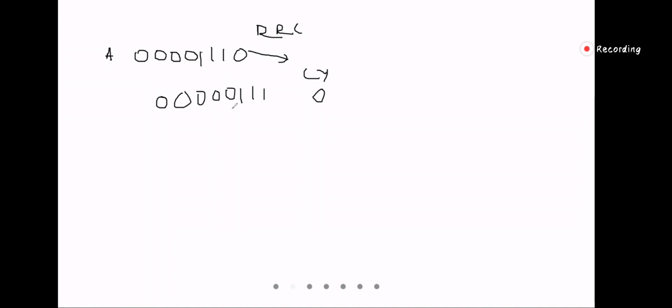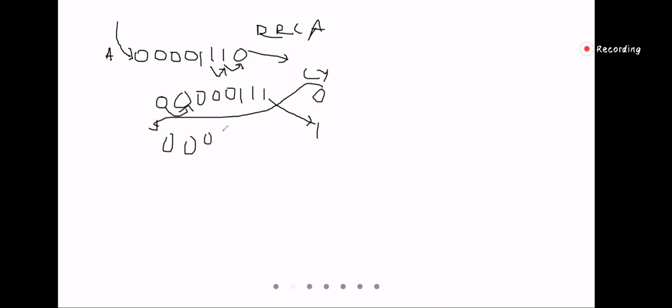Right rotate means this has come to this position, this will come to this position, and a 0 will come here. After RRC A, this one will come here, this one will come here, this 0 will come here at the beginning: 0 0 0 0 0 1 1.